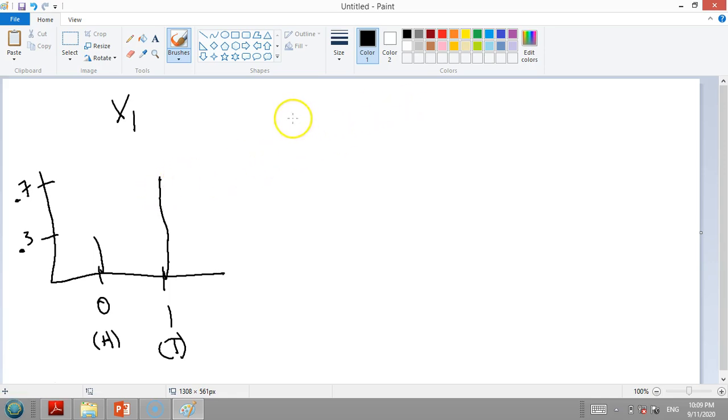And then for x2, it's even worse. Getting heads, getting tails. So getting heads is 0.1. And getting a tails is 0.9.